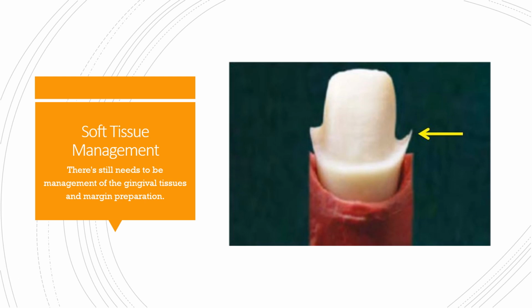The concepts are still the same. The impressions need to be free from blood, saliva, and debris. Again, it's no different than traditional impressions. You want to make sure that the surface of those teeth are free from blood, free from saliva, and free from debris so that that impression is accurate and detailed.